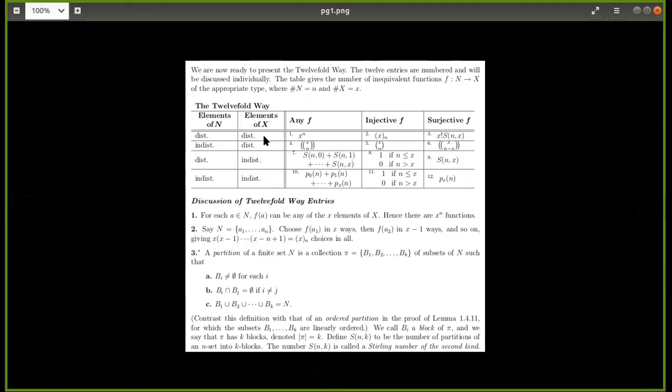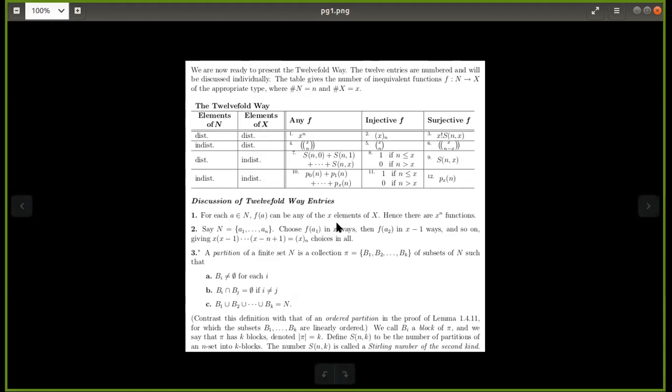Since it is distinguishable, you can write the elements as a1, a2, up to an. So f of a1 has exactly x choices, which was the cardinality of x.